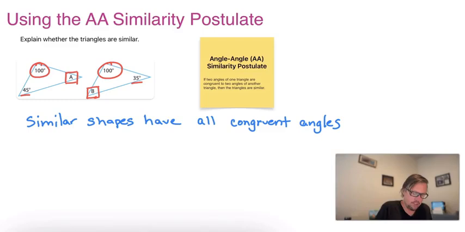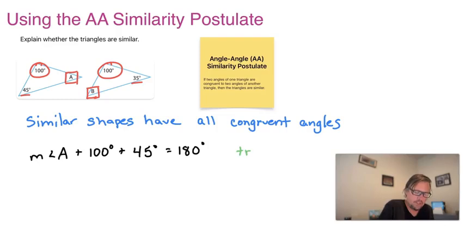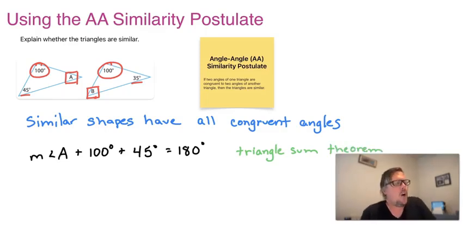The measure of angle A is going to be equal to 180 when I add it to the two angles that I already know. This is the triangle sum theorem, which says if I add all three angles together, I should get 180 degrees. So my justification here is the triangle sum theorem. This is basically a two-step problem.